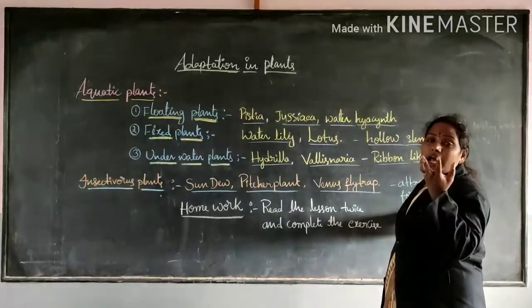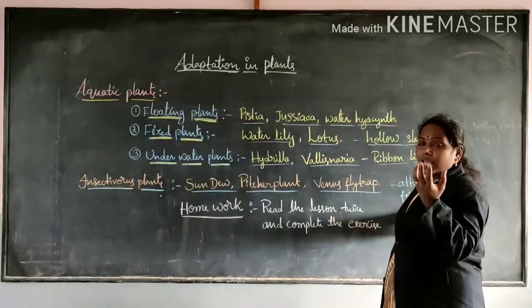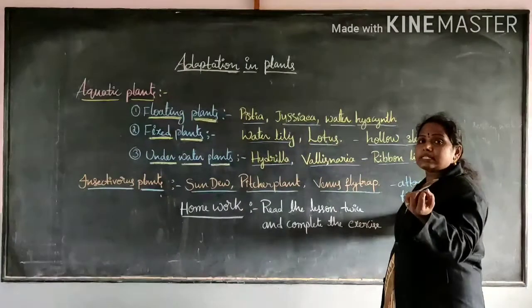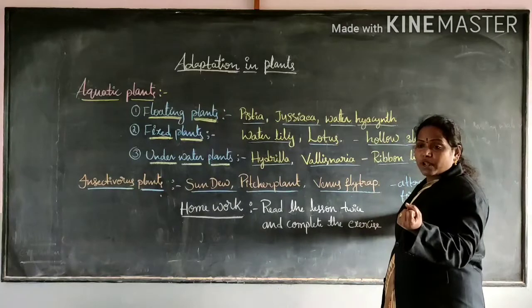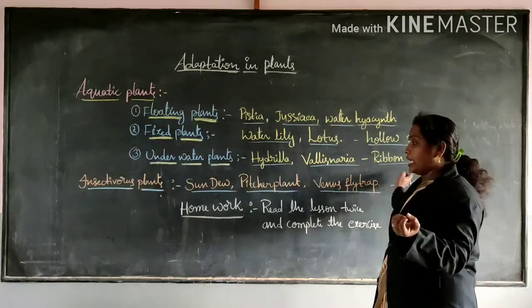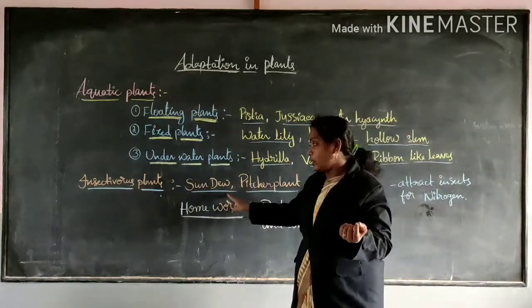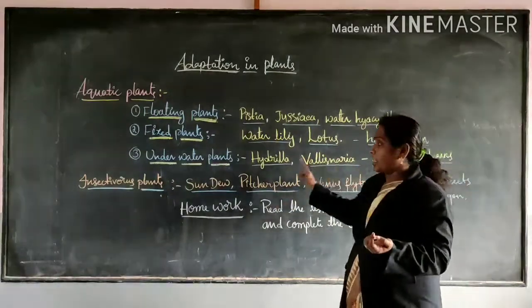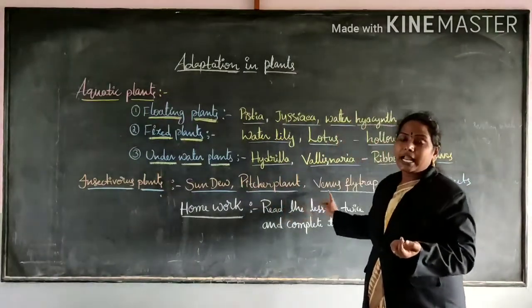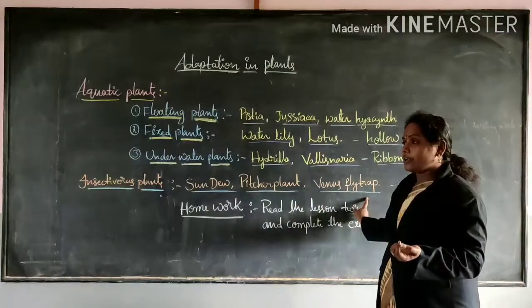They do not get nitrogen, so they trap the insects and absorb nitrogen from the insects. Examples are sundew plant, pitcher plant, and Venus flytrap.